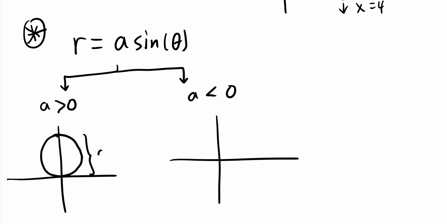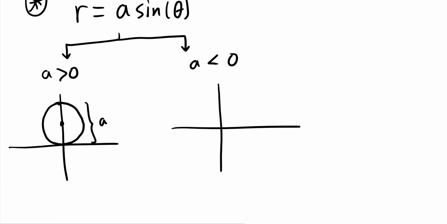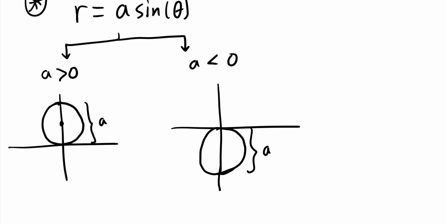It's a circle with diameter a above the polar axis. If a is negative, it's another circle that falls below the polar axis, with diameter |a|, center (0, negative a over 2). So if you really know that it's going to look like this, it saves a lot of time. Otherwise, you're going to go through plotting points all the time.